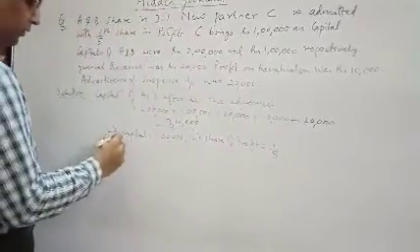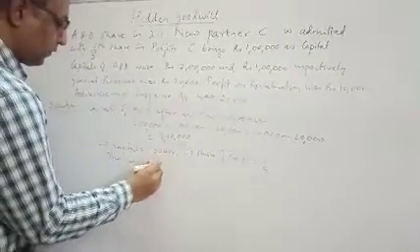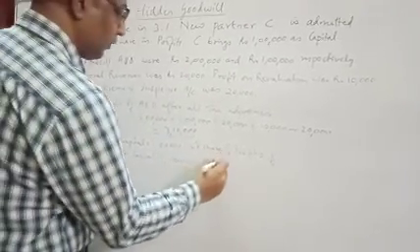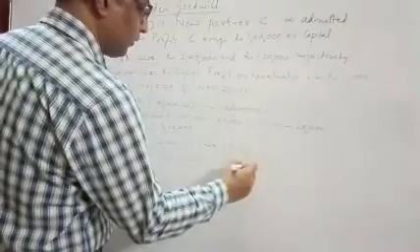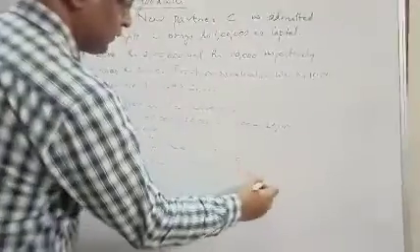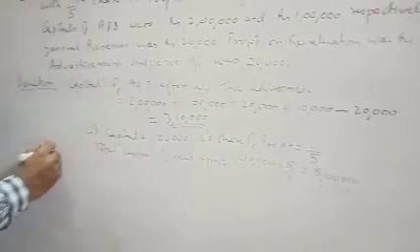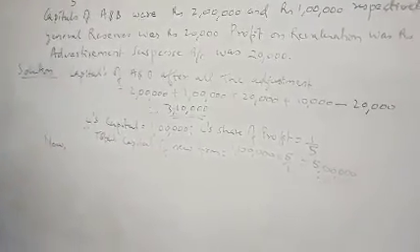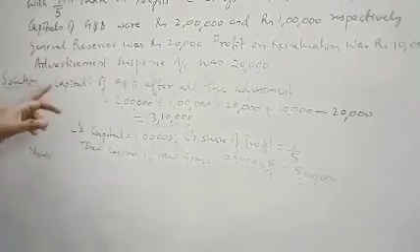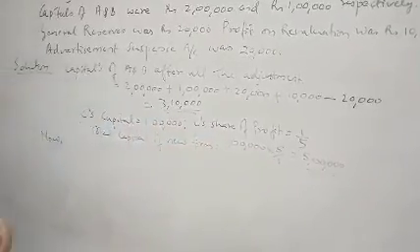Therefore, total capital of new firm will be 1 lakh into 5 by 1, that is 5 lakh. Now the combined capital of A and B we have already arrived at.